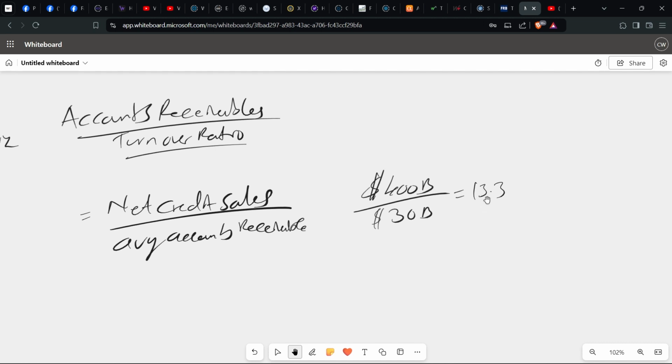This multiple means 13 times. So it means 13 times throughout the year the accounts receivable was collected, or rather converted to cash. Remember, the accounts receivable turnover ratio measures how quickly the accounts receivable gets converted to cash.